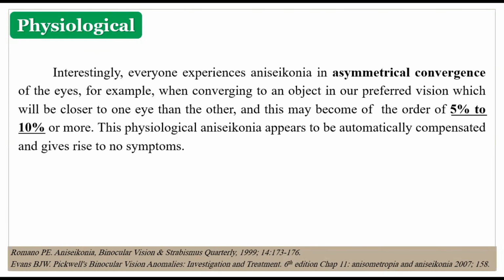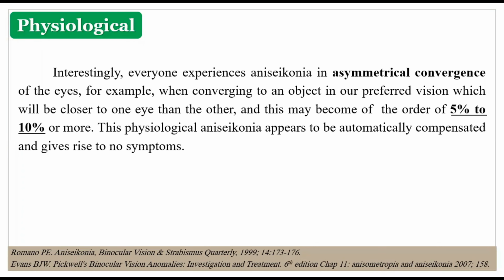Interestingly, everyone experiences such aniseikonia when doing what's called asymmetrical convergence. What is the meaning of asymmetrical convergence? Imagine you are converging on a near object, but this object is not exactly in front of you, but to one side. Let's say this near object is more on the right side, so it's closer to the right eye than to the left eye.